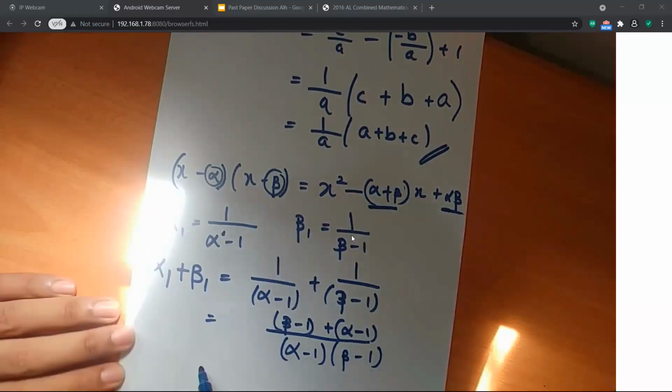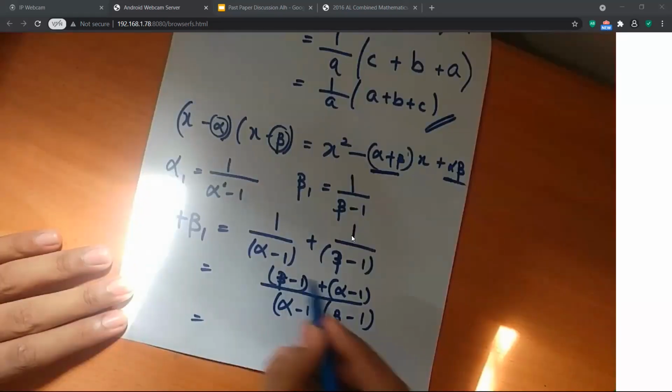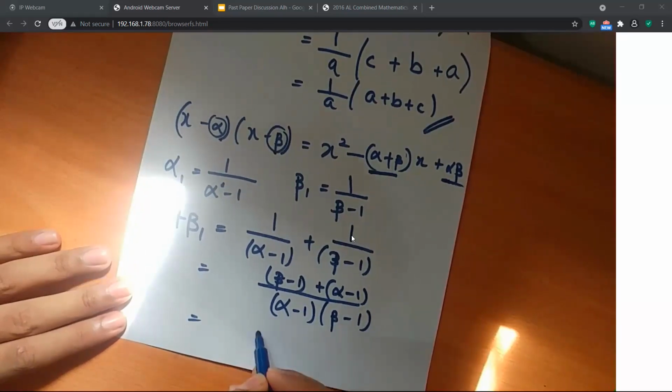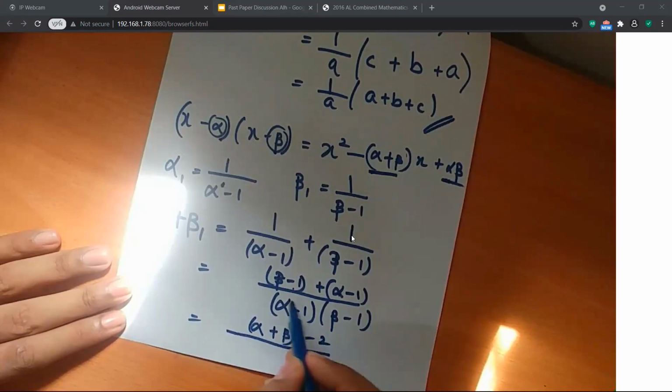So if we simplify this, alpha beta, right? So we can take that out. Alpha plus beta, minus 1 plus minus 1 is minus 2. And alpha times beta is alpha beta. Alpha times minus 1 is minus alpha.